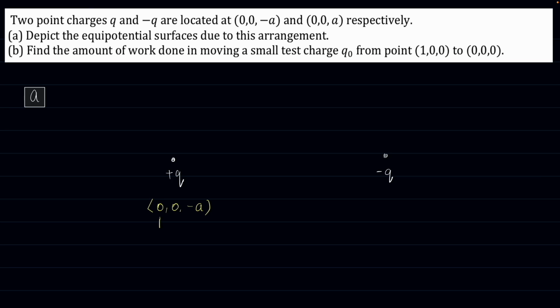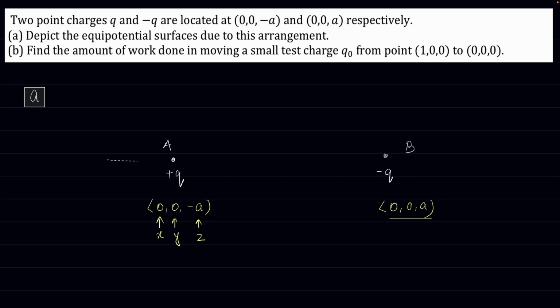You know that this is your x-axis, y-axis and z-axis, so minus A lies on the z-axis. Similarly, for charge minus Q, (0, 0, A). We can name it as point A. This is our point A and here is point B.